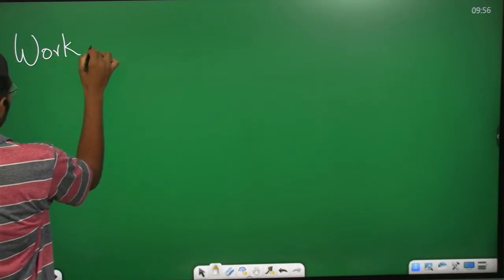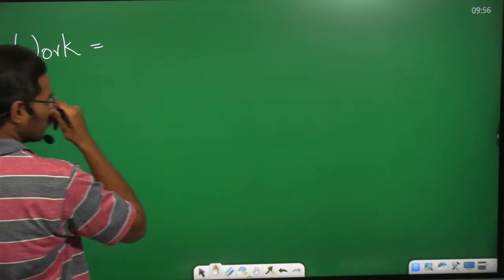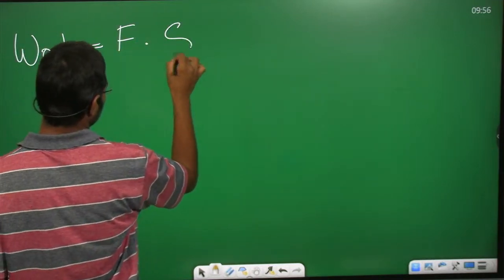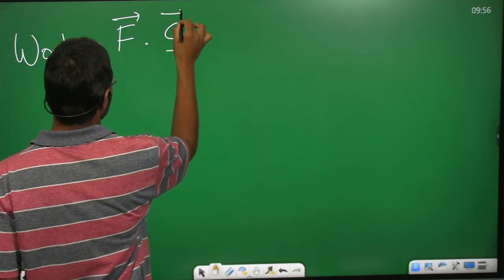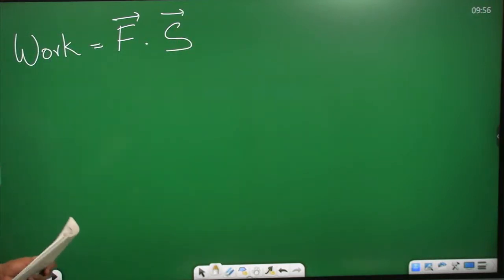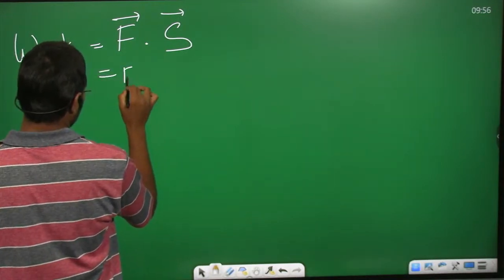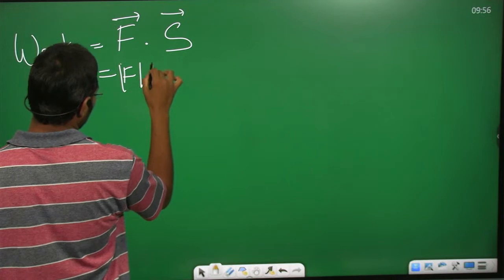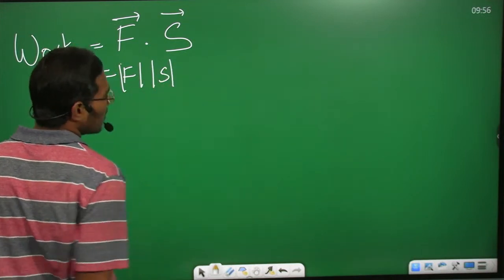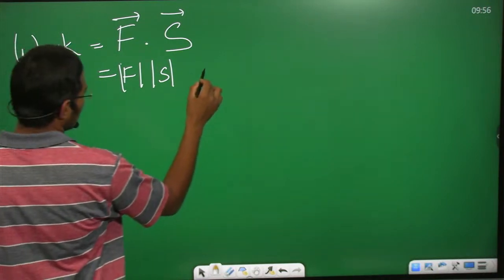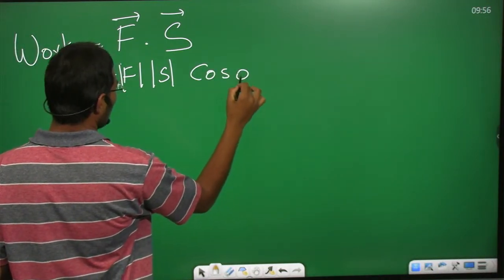So we are trying to talk about work, power, energy, right? So what is work? Work is nothing but force into displacement, F bar dot S bar, that is mod F, mod S, cos theta, cos of the angle between them.